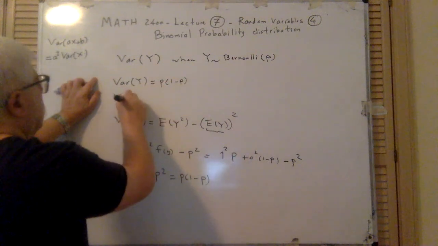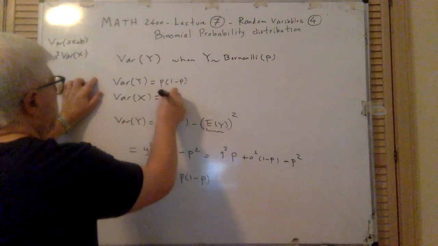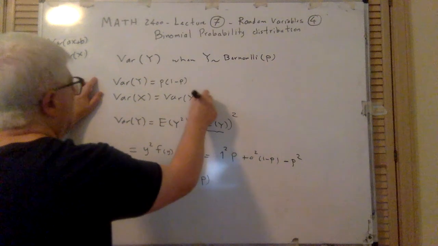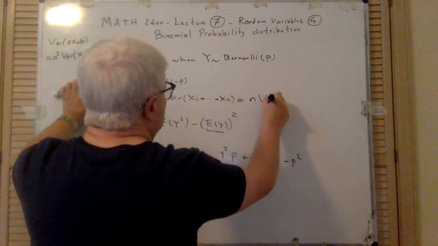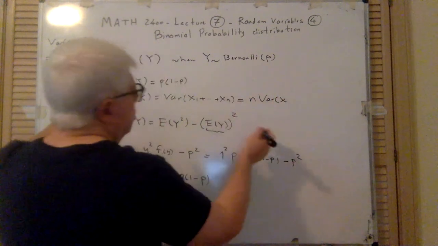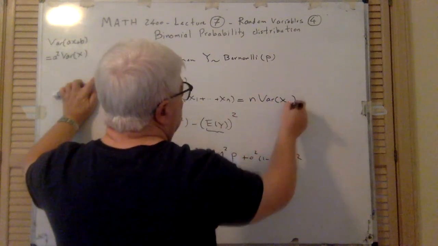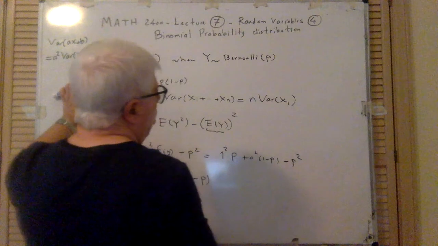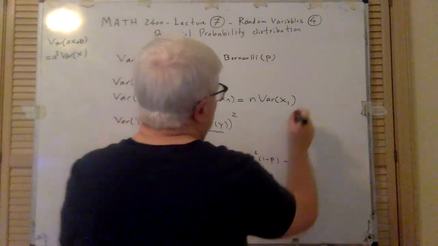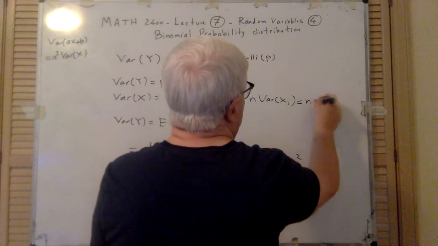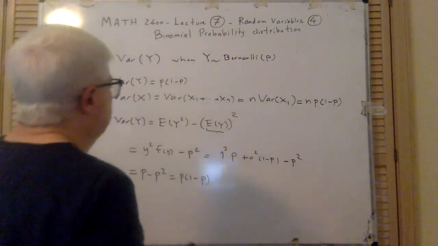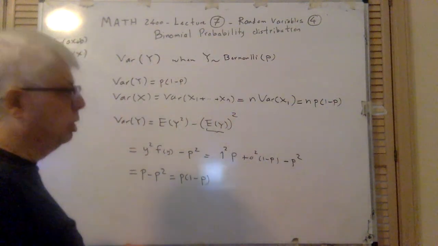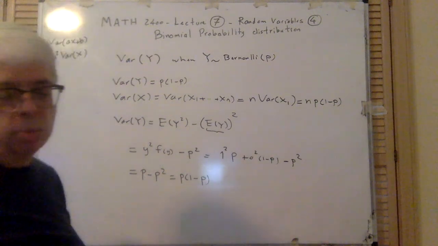And now we had variance of x was variance of x1 plus up to xn, and that was n times variance of one of them, x1, say, because all of them are the same. So that is np times 1 minus p. So variance of the binomial is np times 1 minus p.